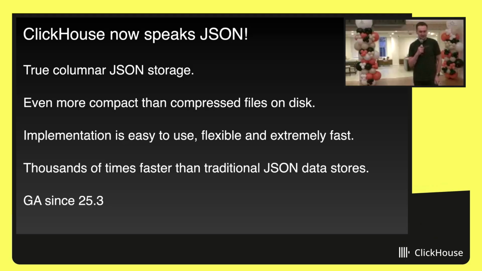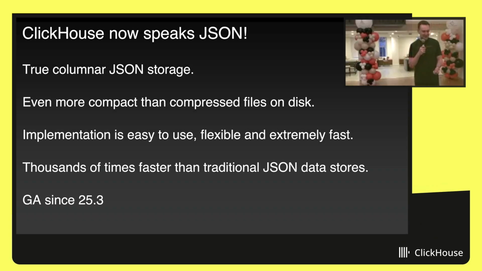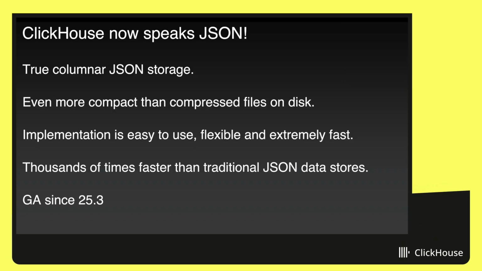It is the best implementation among any database we know. And it is 1,000 times faster than any existing traditional data stores. And since the latest release, 25.3, which we released in March, it is generally available. It is production ready. So install the latest ClickHouse version, start using JSON today. Thank you.